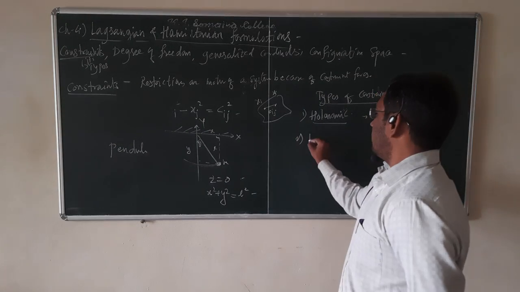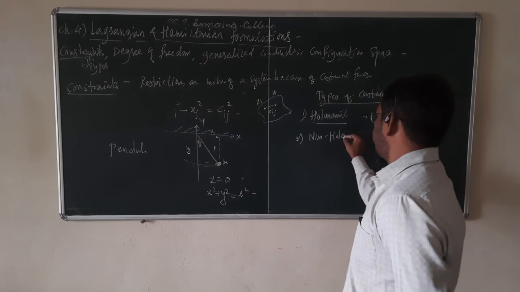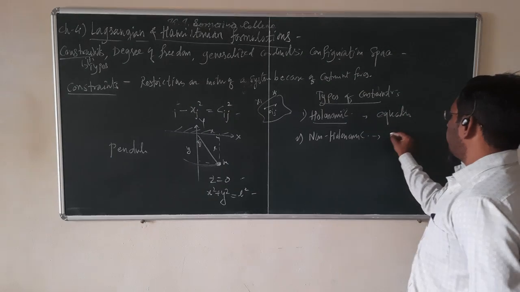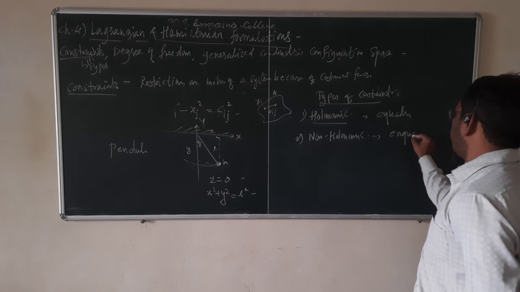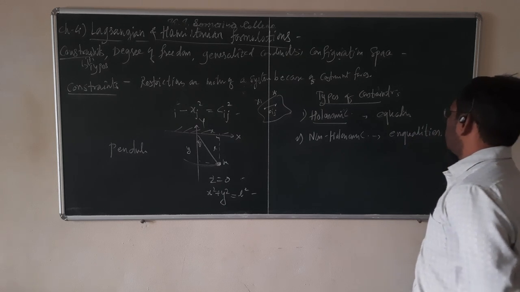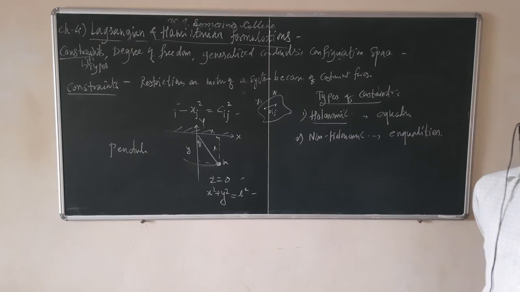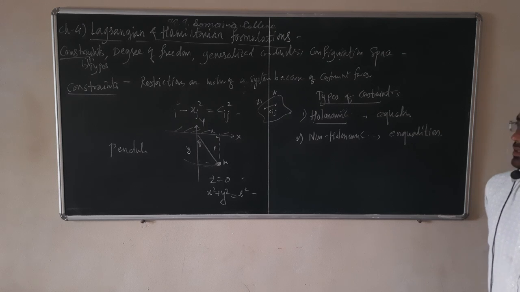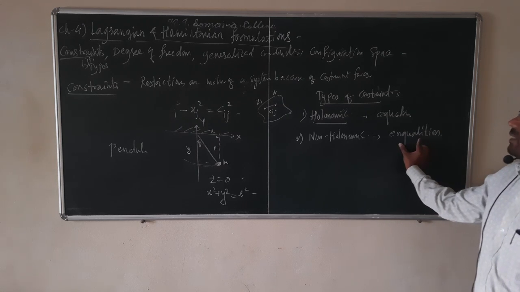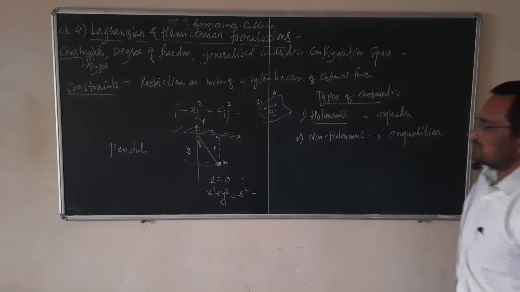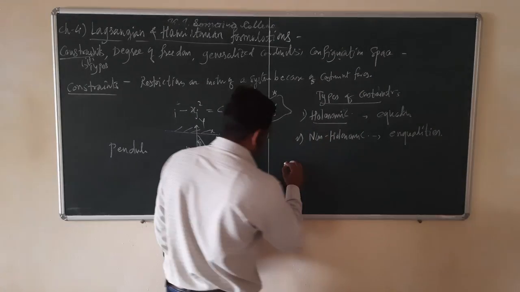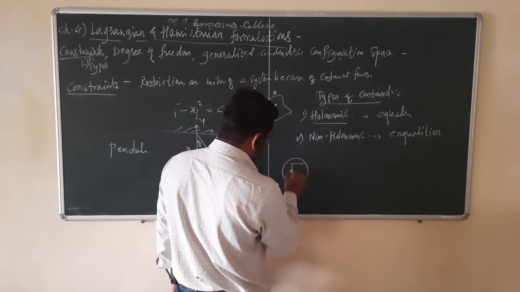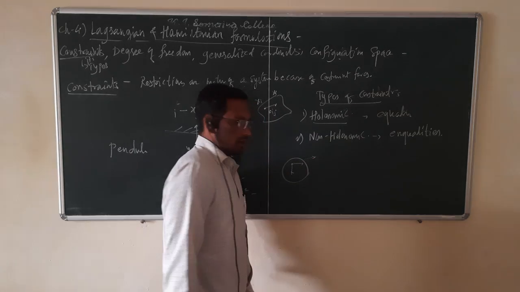Next one is non-holonomic. If constraints are expressed in the form of inequalities, then such constraints are known as non-holonomic constraints. See here examples of non-holonomic constraints. Suppose this is a circle, and a particle is moving in the circle, so it cannot come out of that circle.